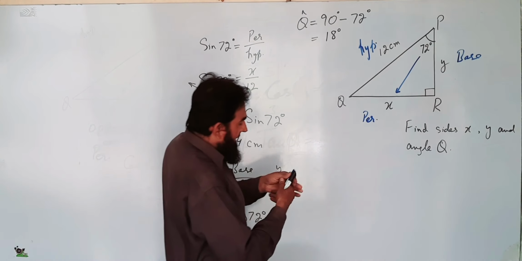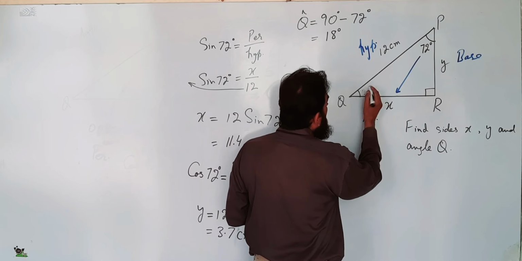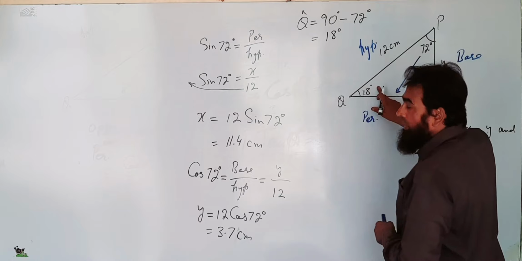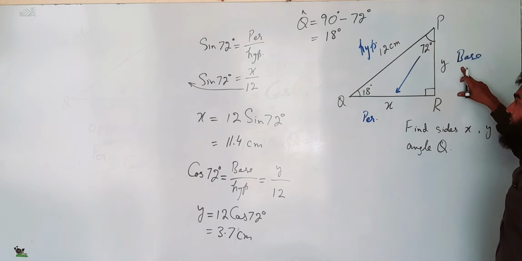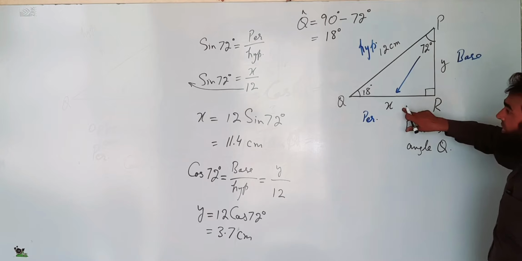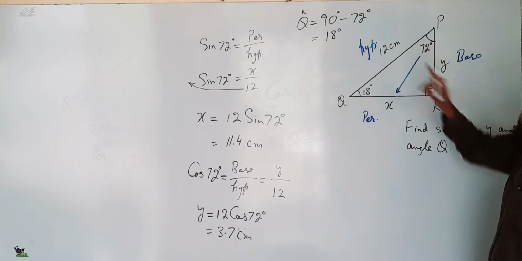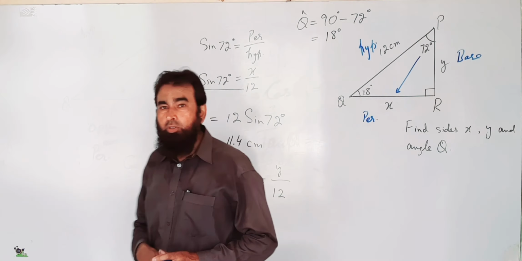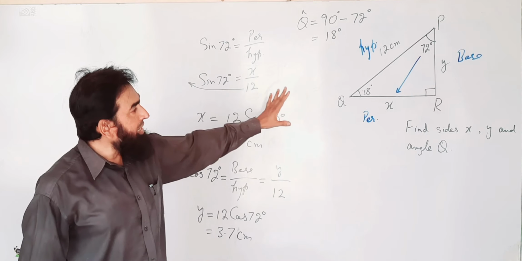Now here this angle was only 18 degree, and against the 18 degree is the shorter side, the base, which is 3.7 only, and against 72 degree is 11.4, and against 90 degree it is 12 centimeter. So whenever you are solving it, you must also consider how your sides are coming.